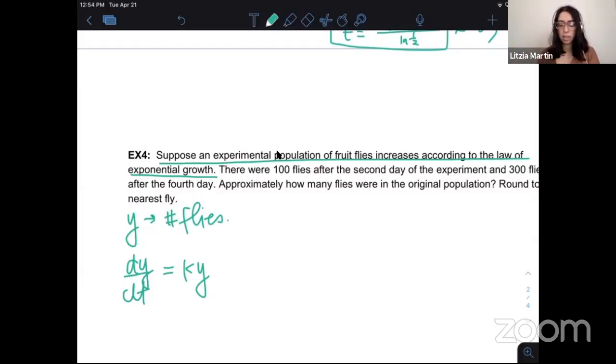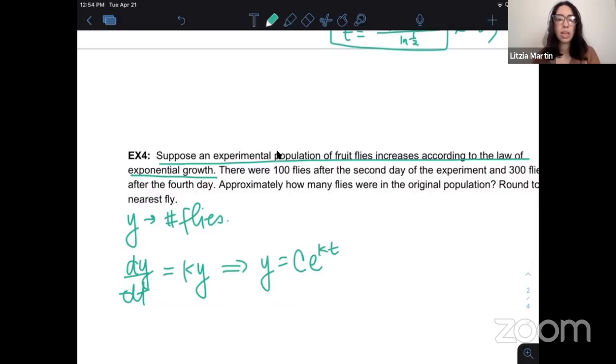So we can write this and have that be a true statement. Also, that means y is going to have to equal c times e to the kt.